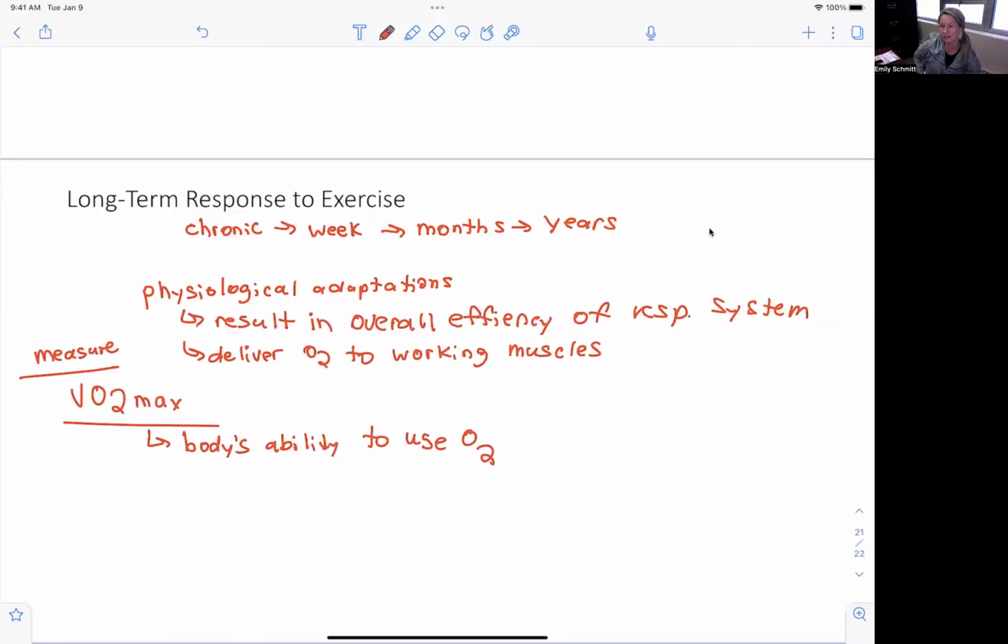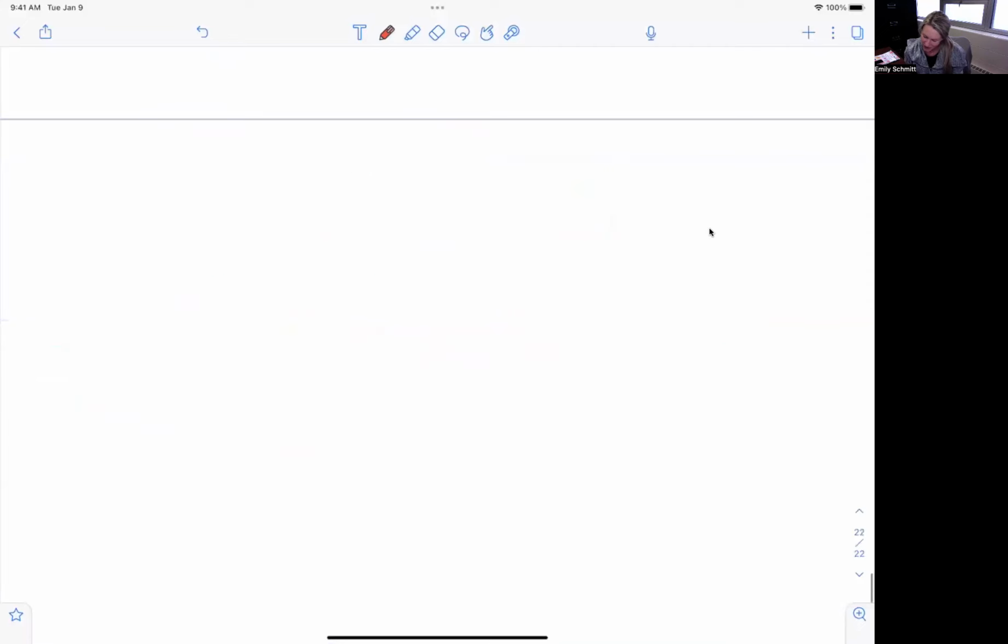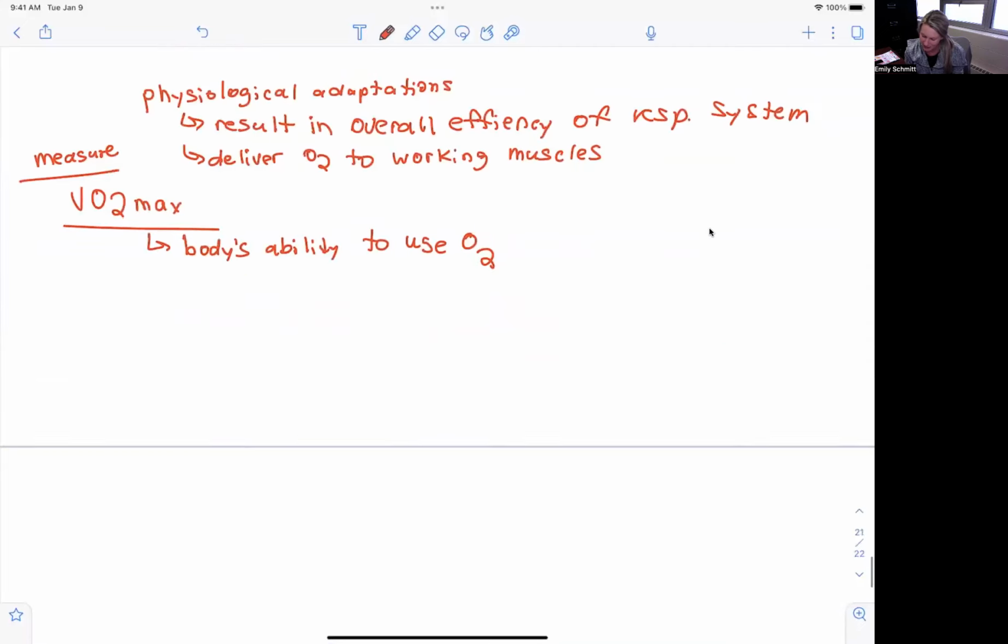We've talked a lot about in this unit how we're not going to have big grand improvements, but swimmers will if they train. But basically, our long-term response to exercise is just an overall efficiency of our respiratory system. So that concludes Unit 3.